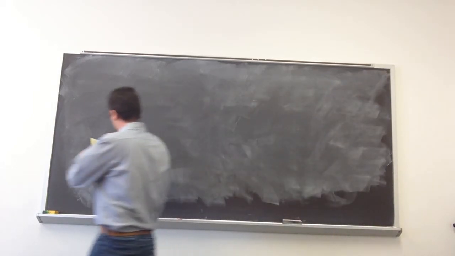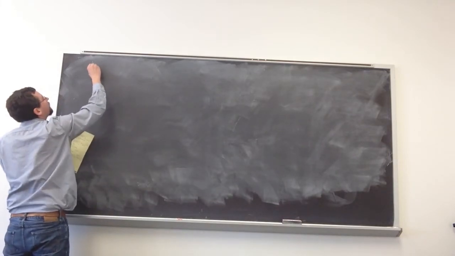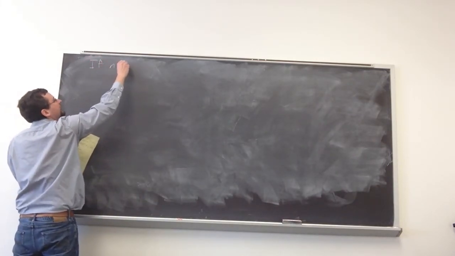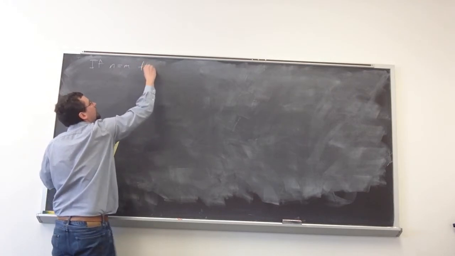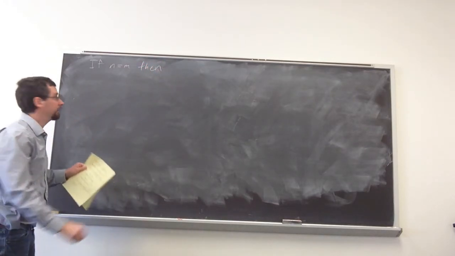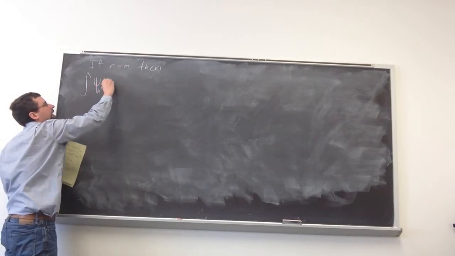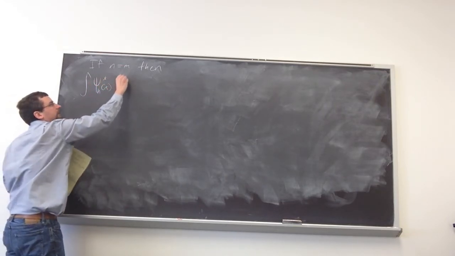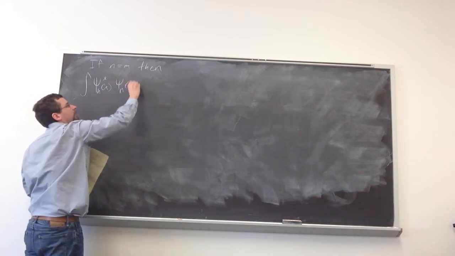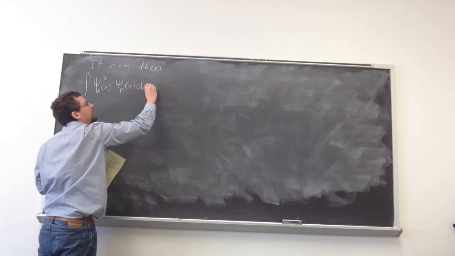So if n is equal to m, then we get the following. Start off with our simple integral, the function times the complex conjugate of that function, dx.